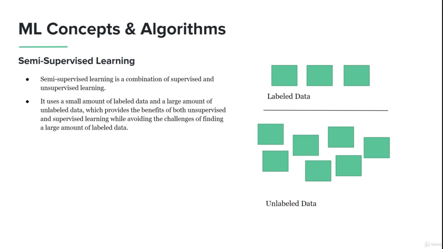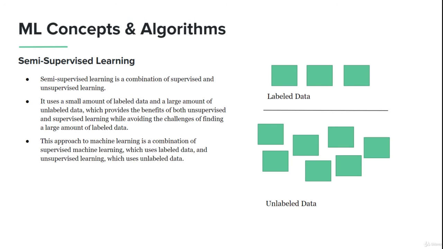So look at the image over here on the right hand side. You can see the unlabeled data is pretty much jumbled up. It's all together there, and we want to be able to make sense of it. And then we have the labeled data that is precisely in a nice row. It's labeled precisely exactly what the information is, what the data is, right? But it's not set up and classified in a particular manner, right?